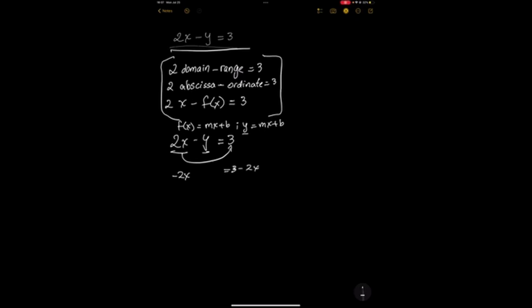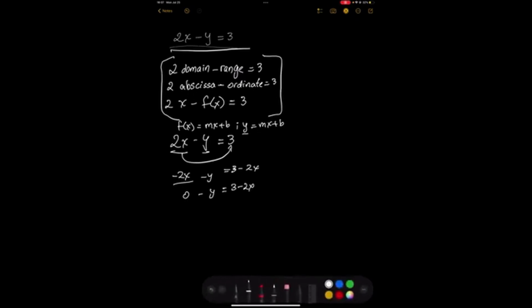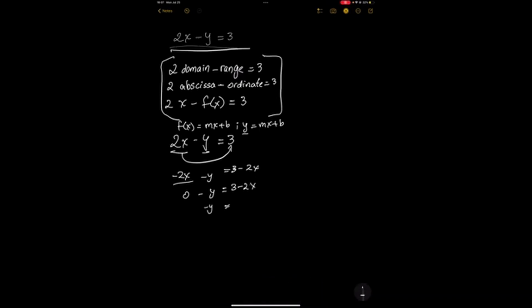All right. So that would give us 0 minus y equals 3 minus 2x. Or I should say, better yet, we're gonna say minus y equals negative 2x plus 3.